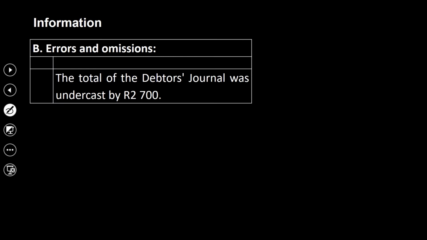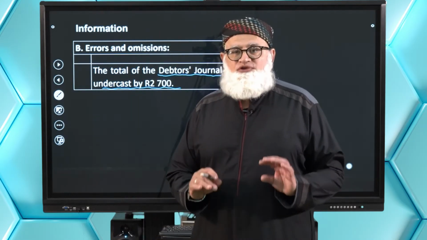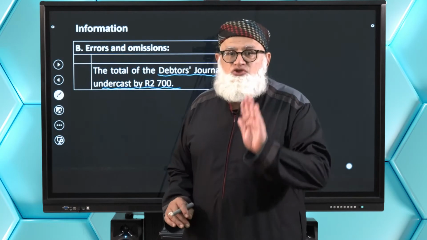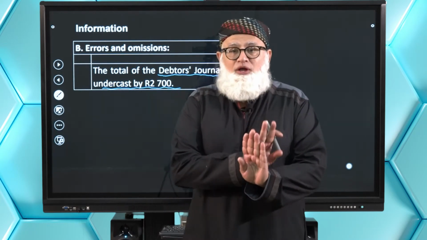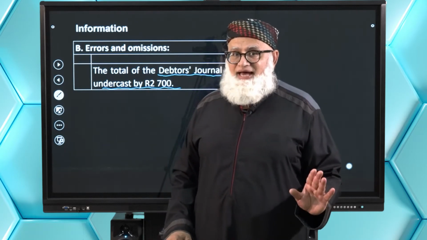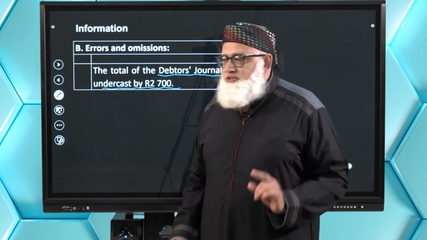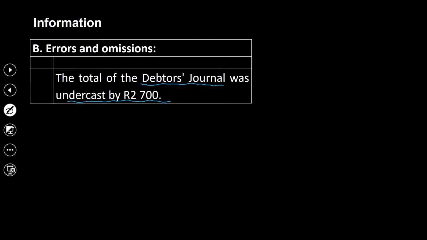Number one, you are told that the debtors journal was undercast by 2,700. Now the method we're going to use for this question is we're first going to update the control account, and then we're going to update the list, right? So let's start off with this one here, where we are told that the debtors journal was undercast by 2,700.